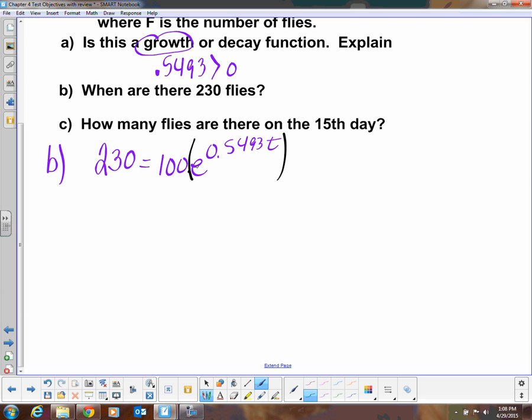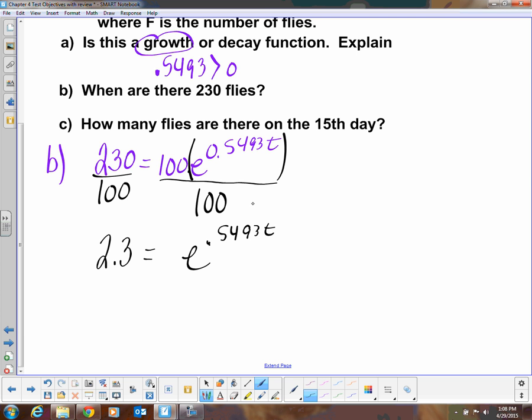It has to be strictly the exponential part. So how is 100 attached to e? Multiplication. So how do we undo multiplication? Division. So when we divide by 100, we get 2.3 is equal to e to the 0.5493t. Now that's isolated.